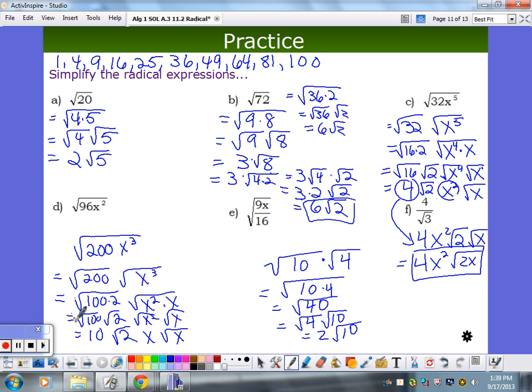So how do I rearrange this into my final answer? Yeah. So you take the ones outside, and they go in front. So my 10x gets moved in front. The radical 2, radical x, multiply them together, they're both under the radical. Okay? So a lot of rules here.